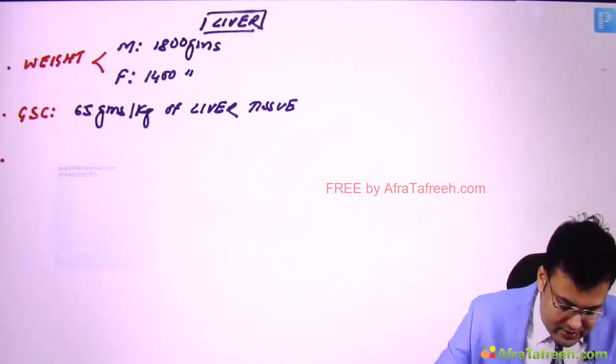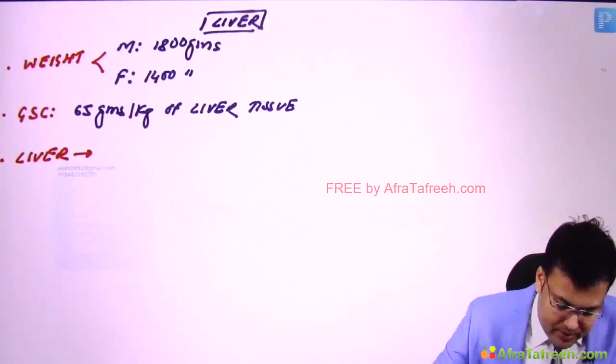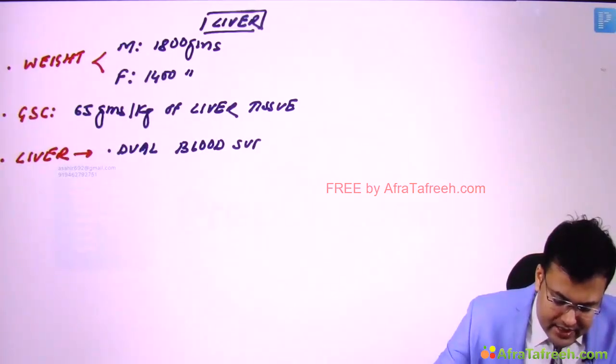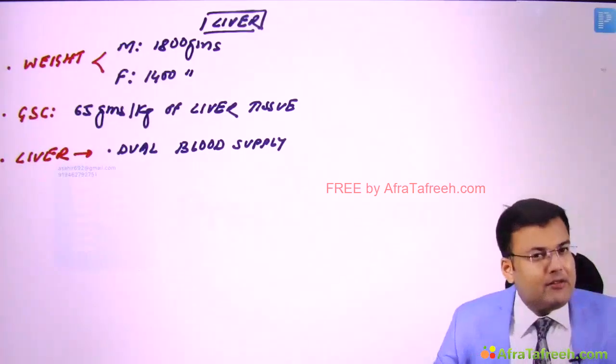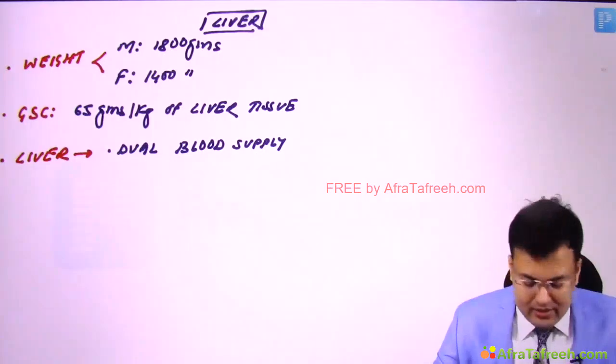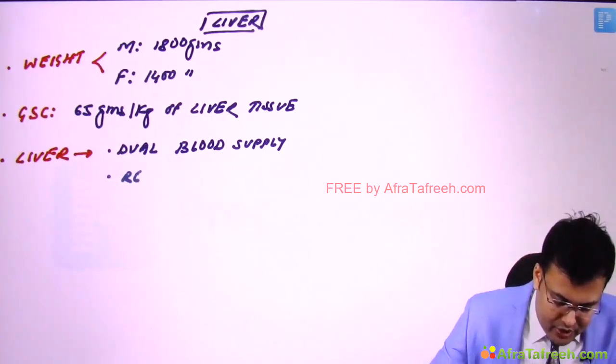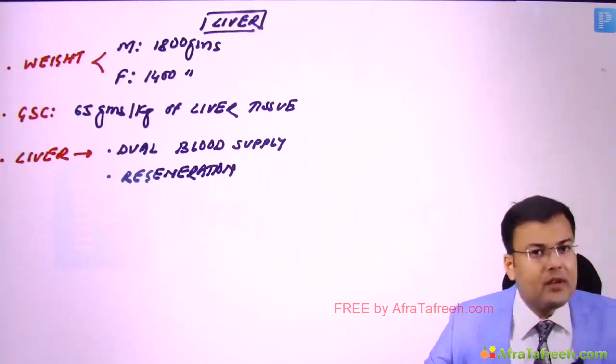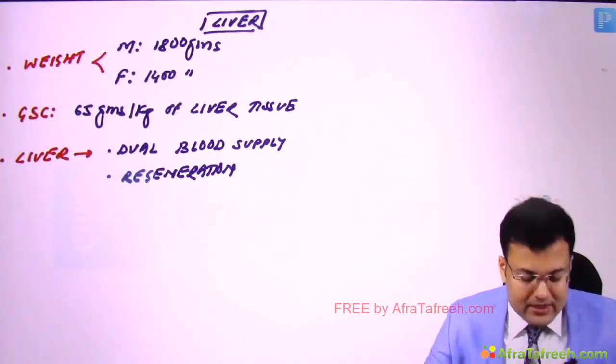So in liver there is dual blood supply, an important property. And the second important property is that liver is the only organ in the body which is having the property of regeneration. Clear?